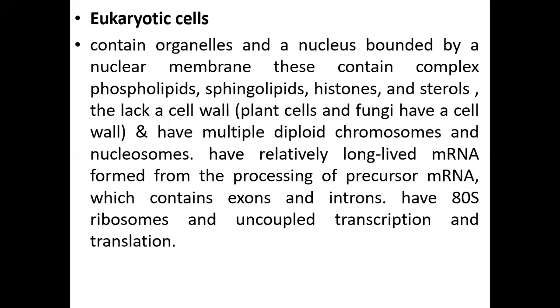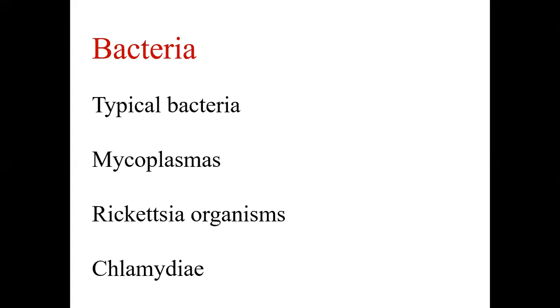When mRNA of eukaryotic cells is transcribed inside the nucleus, it should be processed and then passed through the nuclear membrane to reach the cytoplasm and be captured by ribosomes. Now, there are several types of bacteria, including typical bacteria.